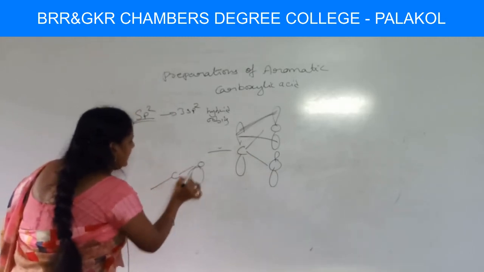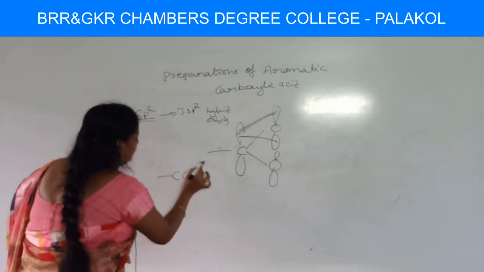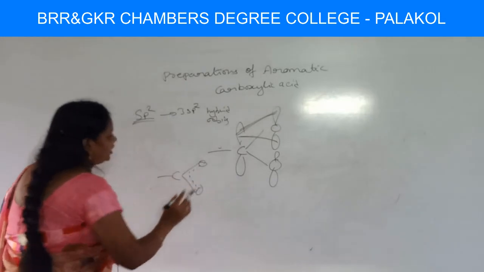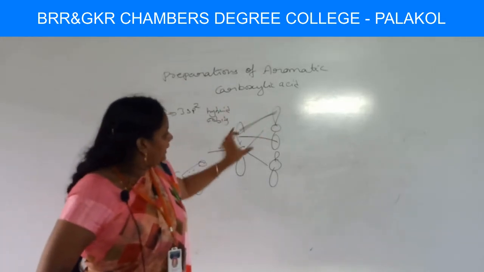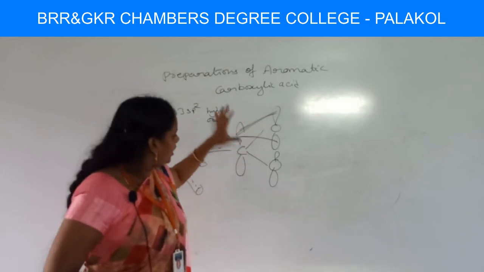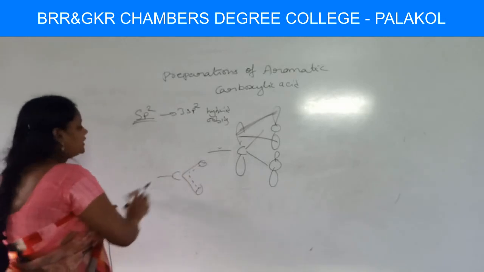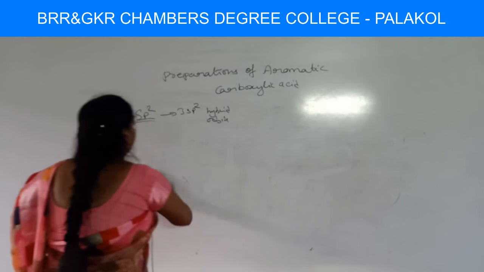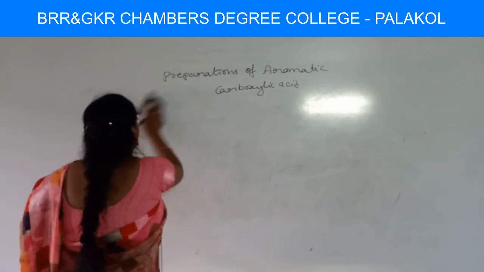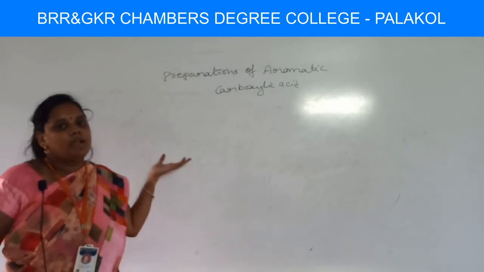Let me show in this way. A pi bond may form here between this carbon and oxygen or this carbon and oxygen. Due to this pi electron cloud, it makes the carbon more resonance stabilized. More resonance stabilized means the proton can be removed easily and it will be more acidic.